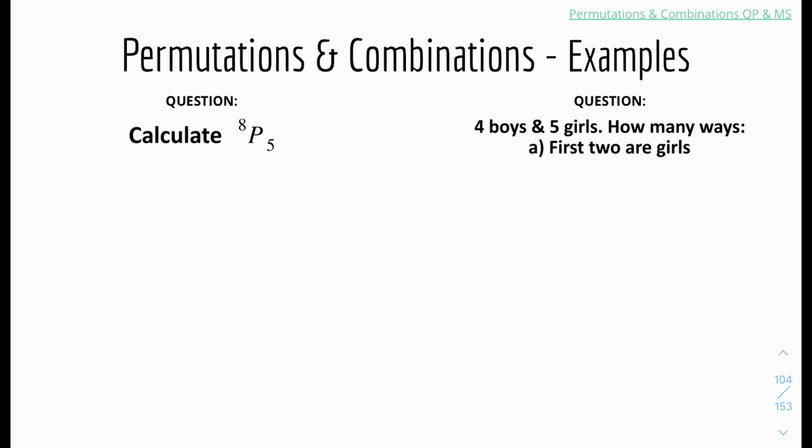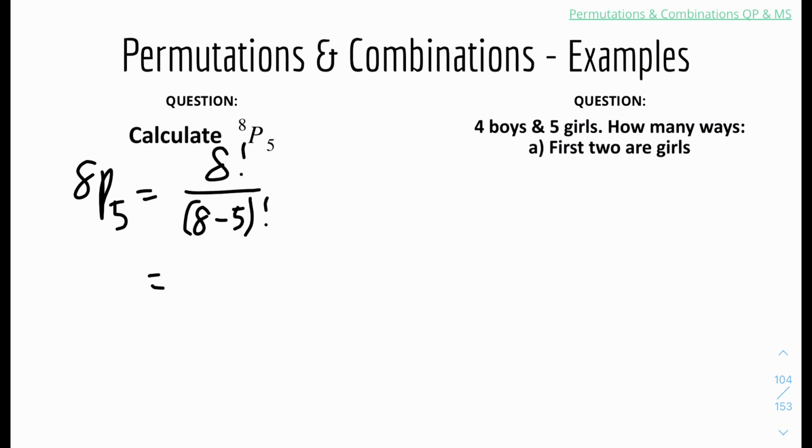Number 1, calculate 8P5. I could just type it into my calculator, but I'll write the whole thing out for this video. 8P5 would be 8 factorial over 8 minus 5 factorial, so 8 factorial over 3 factorial.